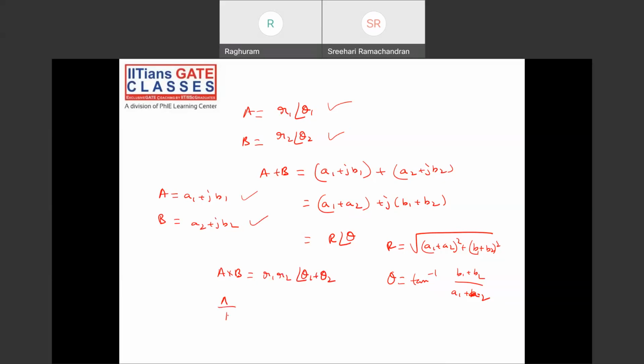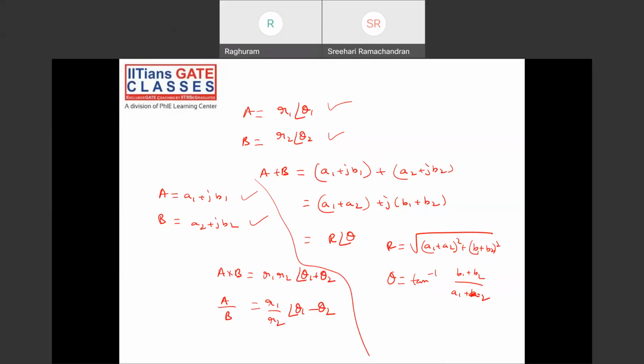For A by B, it is R1 by R2 at an angle theta 1 minus theta 2. This is how you do additions, subtractions, multiplications, and divisions in case of complex numbers.